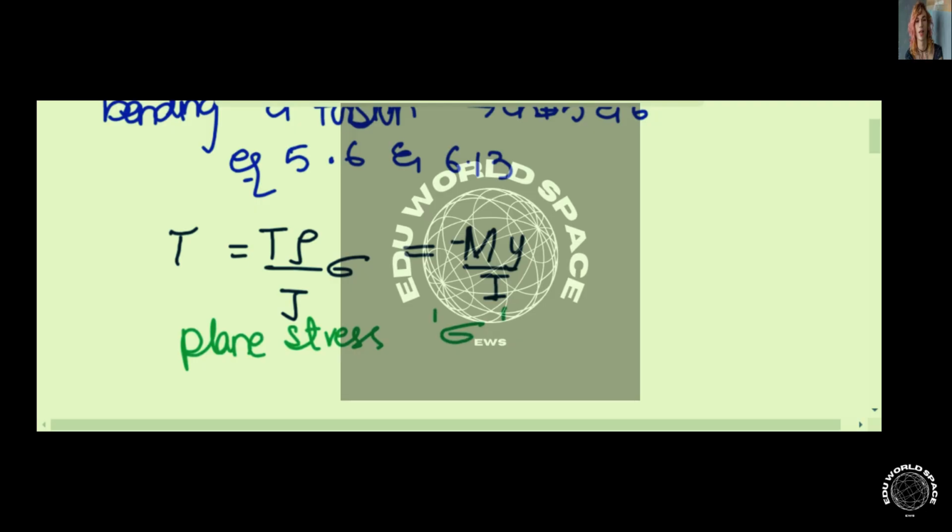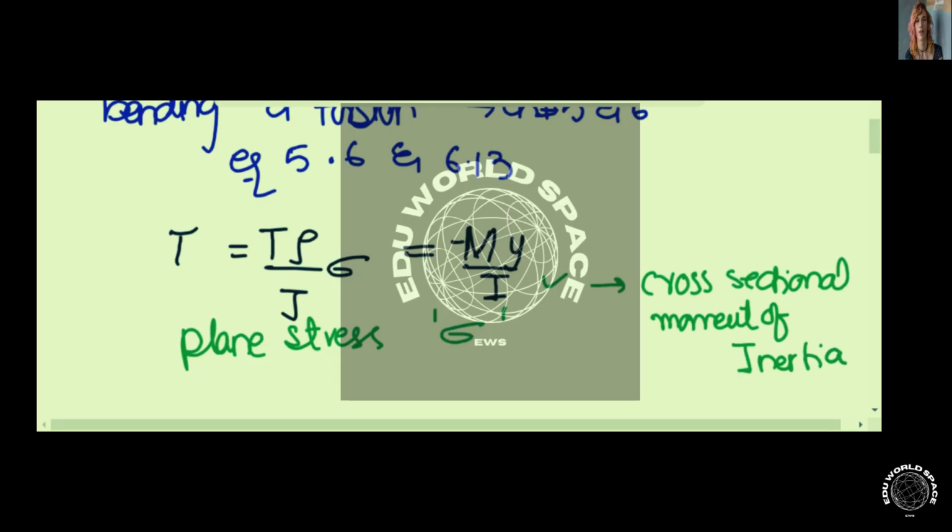In that equation, I is the cross-sectional moment of inertia, and y is the distance of the point from the axis, and M is the moment of force.